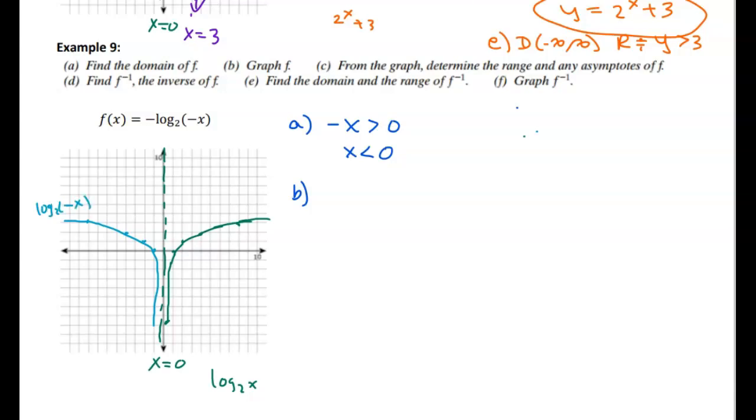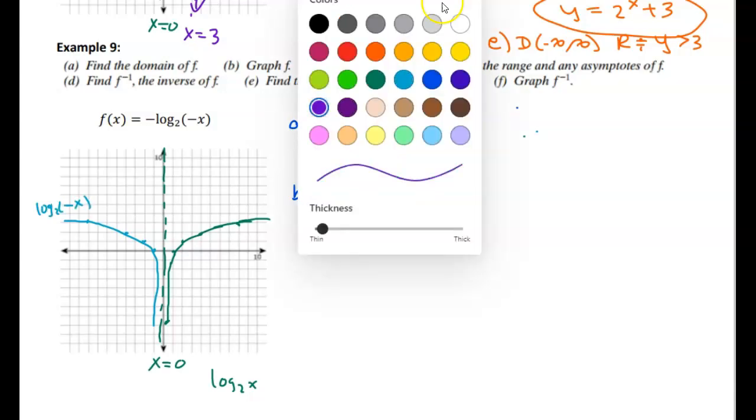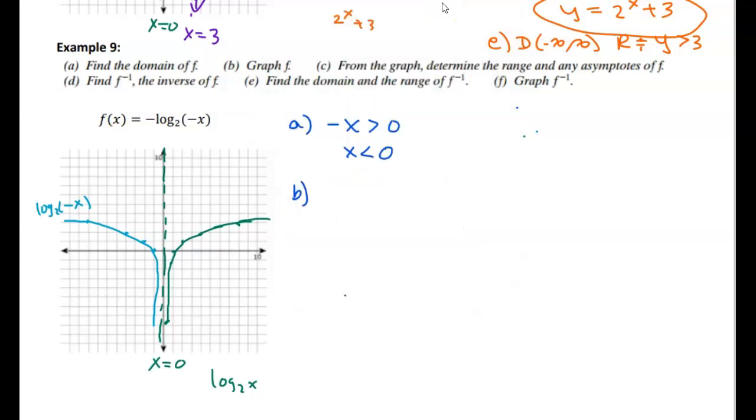And then if we put a negative in front of it, it's going to flip it over the y-axis. So it's going to do this, and this, and this. Is 8. Alright, so we're going to have this right here. This is going to be negative log base 2 of negative x.